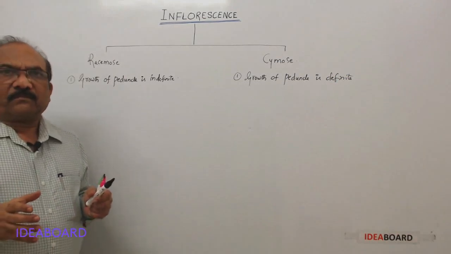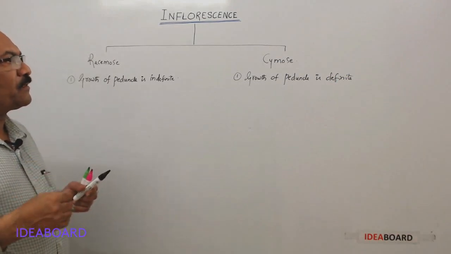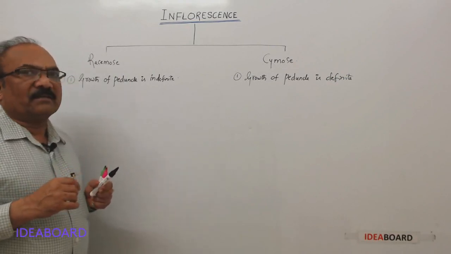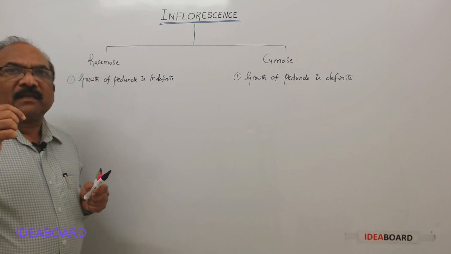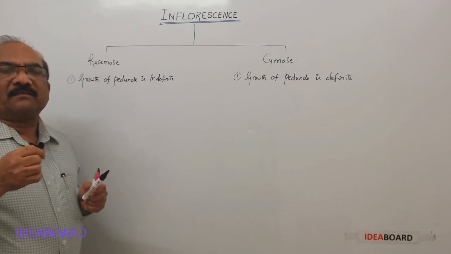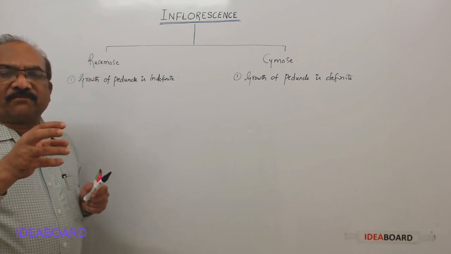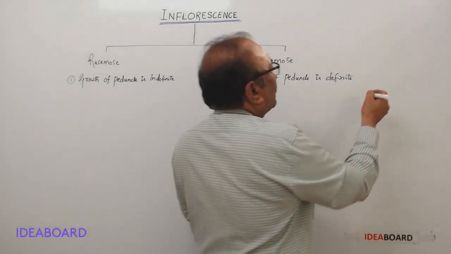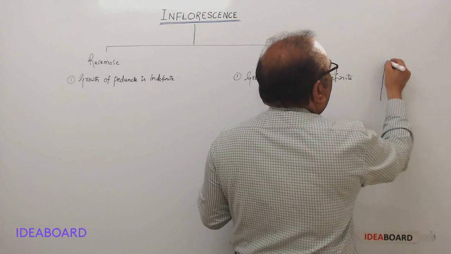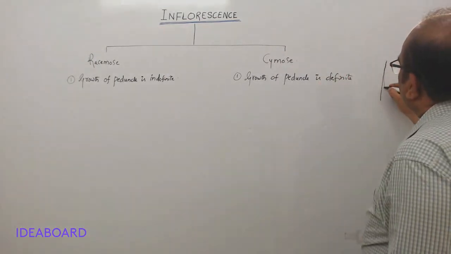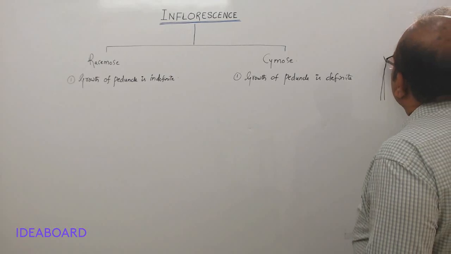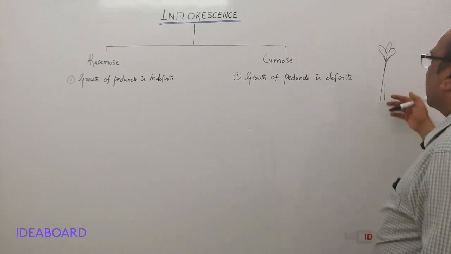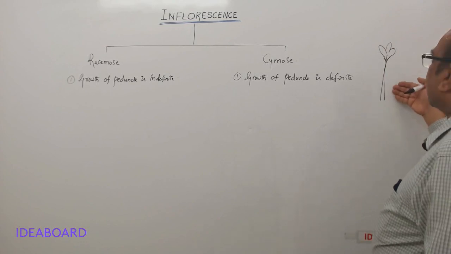Let us see what might be the reason for this. Why is the peduncle growing definitely? Because the terminal bud of the peduncle is modified into a flower. Let us say this is the peduncle, and the terminal bud became a flower. Now there is no further chance for the growth of this peduncle.